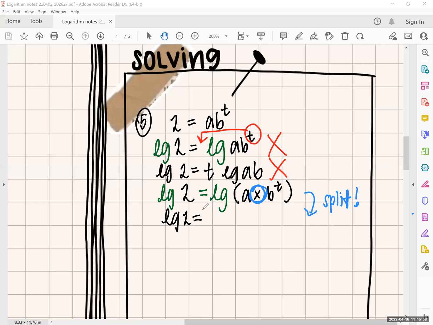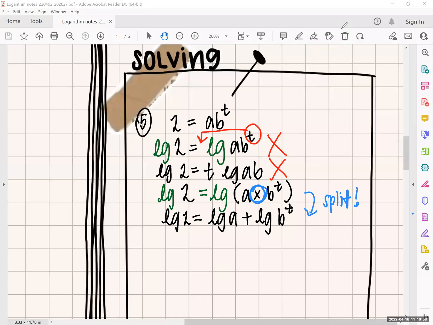So how do we do the split from here? lg a plus lg b^t. Yes, this is the right way.